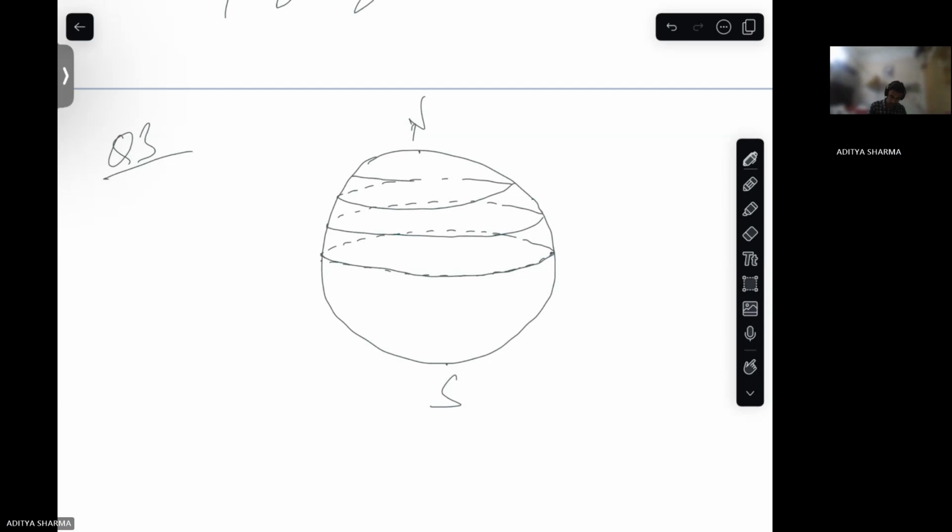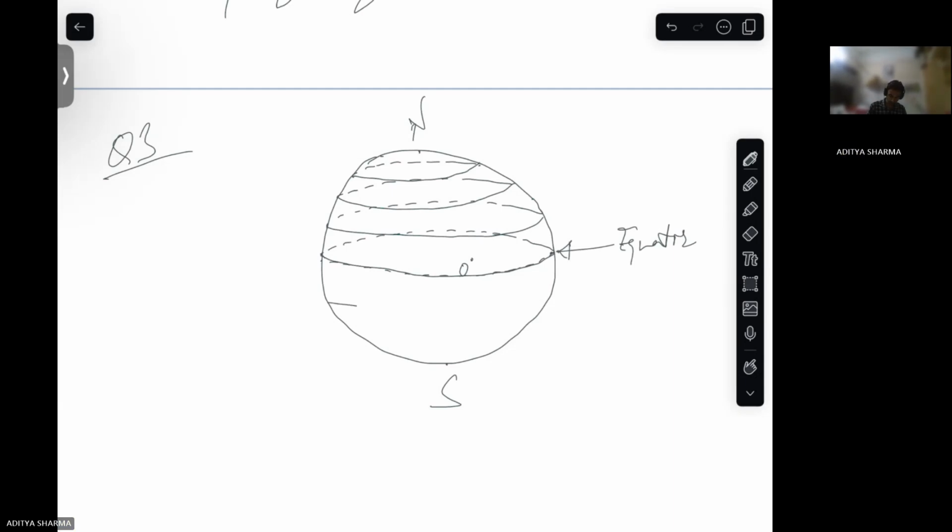So this is your equator. Equator is your 0 degrees.